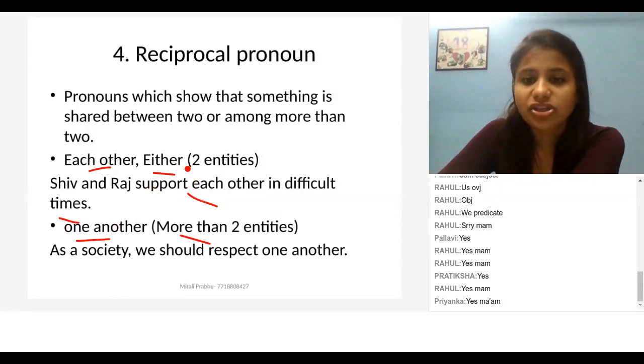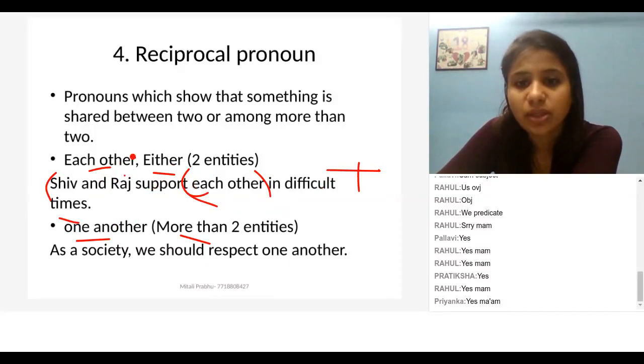Okay, so each other, because we're talking about two identities. If it was Shiv, Raj, and suppose Mohit, then we wouldn't say each other. Each other will only come between two identities, and either will also again come with two identities. One another will come with more than two identities. So as a society, we should respect one another and not each other. Each other will be incorrect. So remember when to use each other and when to use one another.